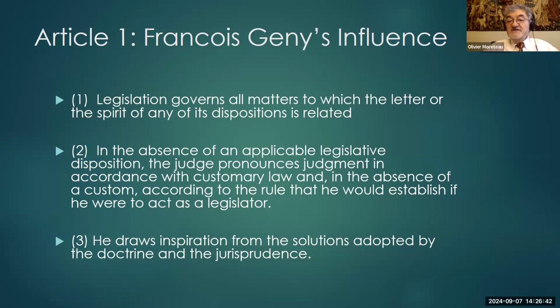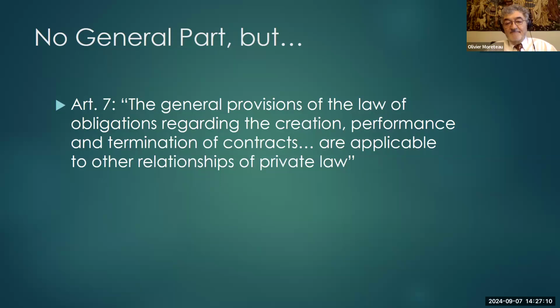This article is regarded as one of the most modern approaches to the sources of the civil law. And you see that it is written in a pretty simple style. It's not verbose. You recognize here the style that we have seen when reading some provisions of the French Civil Code. And you will find that style also in the Civil Code of Louisiana.